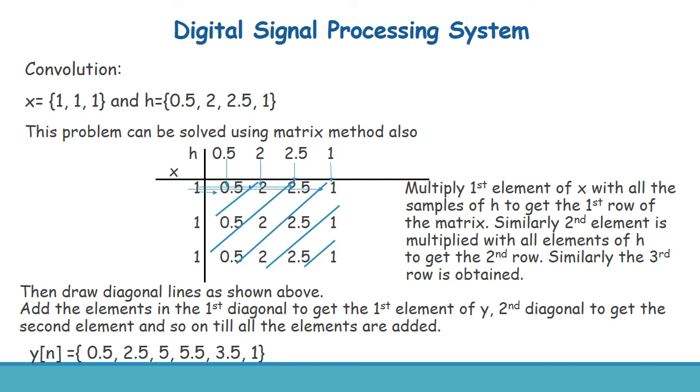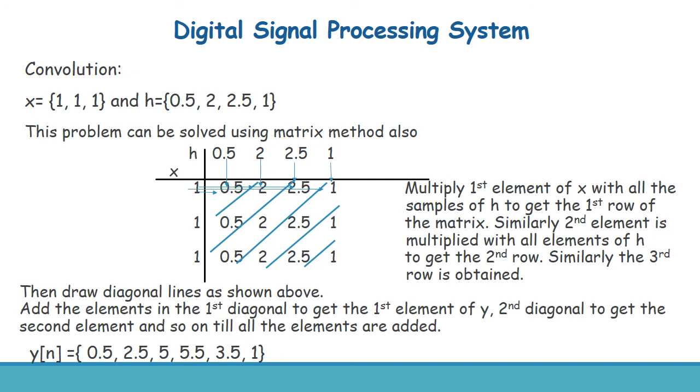Between the third diagonal lines you have 0.5, 2 and 2.5, so if you add them all, you get 5. Between the next pair you have 2, 2.5 and 1, so you add them all, you get 5.5. Then you have 2.5 and 1, so there you get the fifth sample, that is 3.5. And then the last, there's only one sample, so that is your last sample.